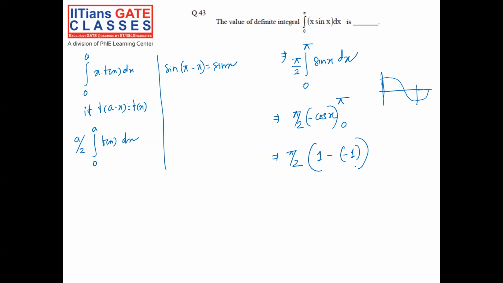Okay, so minus minus plus, we'll get a numerator of 2, which will cancel out with the 2 in the denominator, so we'll end up with pi. It means 3.14. So 3.14 should be the correct answer for this question.